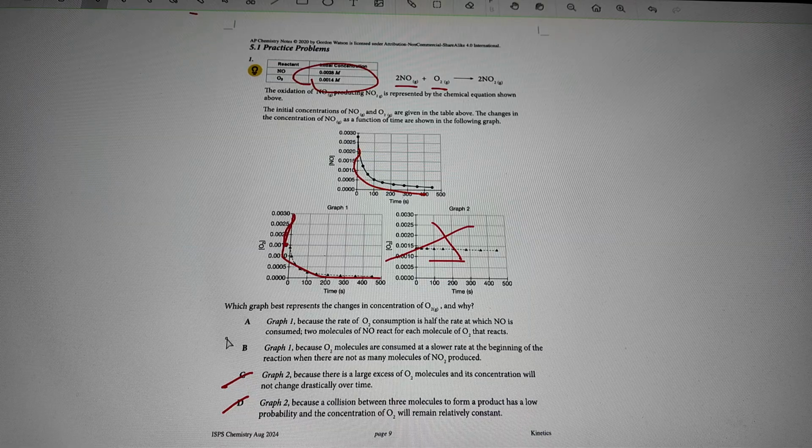So every 2 NO we react with, we use up an O2. And B says, graph 1, because O2 molecules are consumed at a slower rate. No, O2 molecules are used up at a faster rate. So I would say the answer is A.